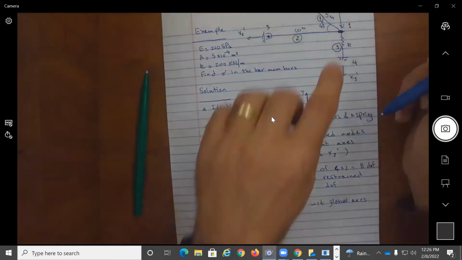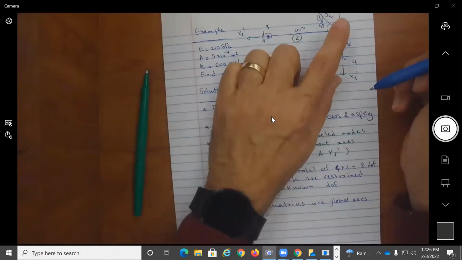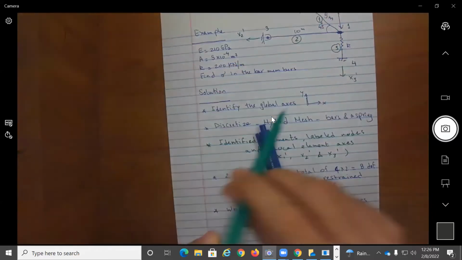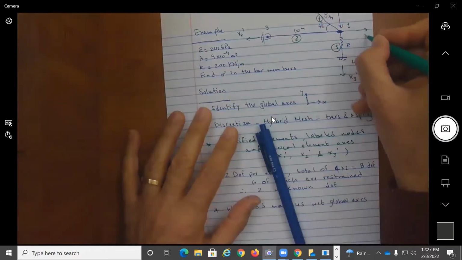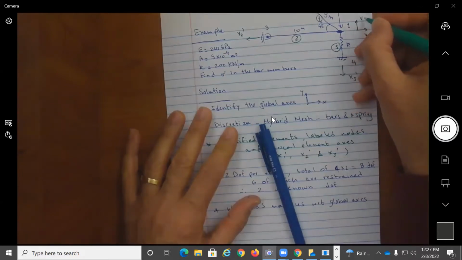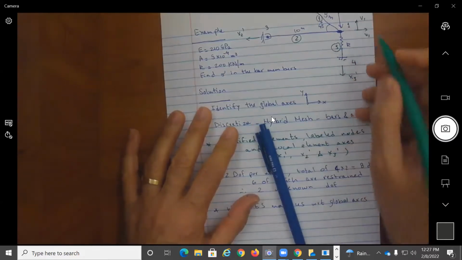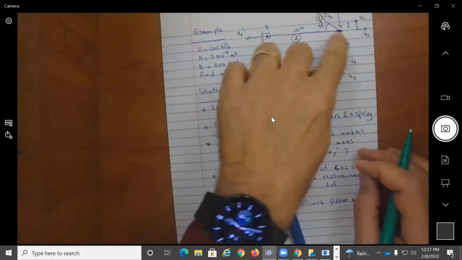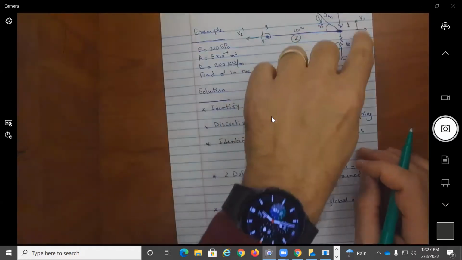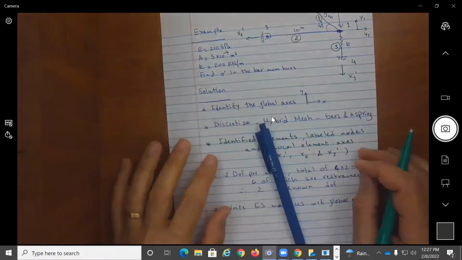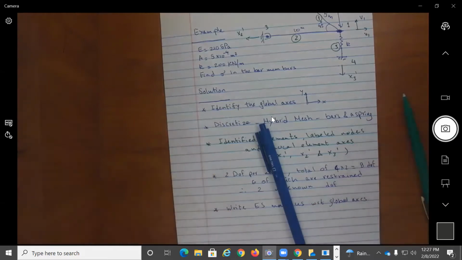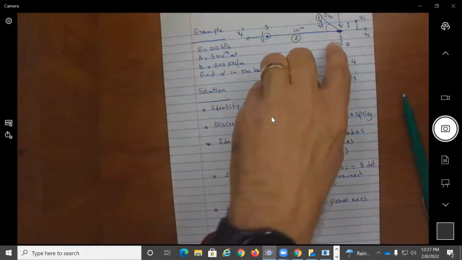So I really care about the contribution I'm getting towards U1, V1. These are the unknown displacements. So for each member, I'm going to get contribution towards U1, V1, and these are the ones we want to take into consideration.